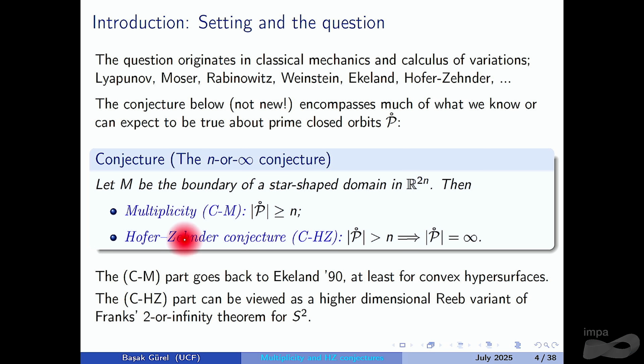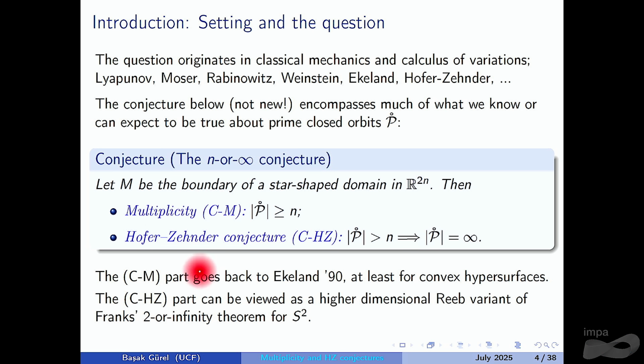And here's this conjecture, maybe stated pretty much the same way it was stated in a paper by Leonardo and Miguel. Let's call it the n or infinity conjecture. It is split into two parts intentionally.